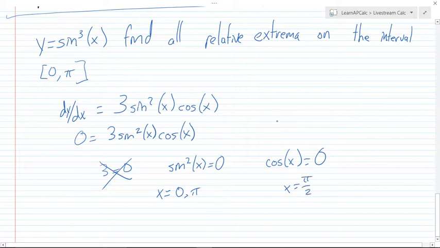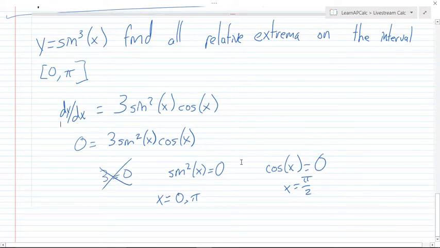Because remember, cosine is x, so at 0, 1, cosine is x. I went over this in the unit circle video, our third video in the LearnAP Calc playlist. If you're struggling to learn the unit circle, I would definitely recommend watching that video.